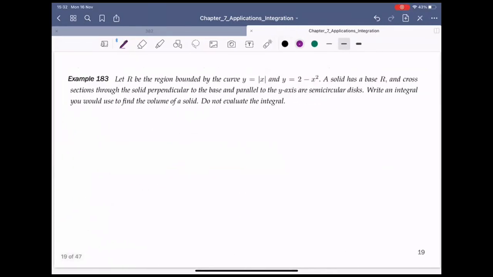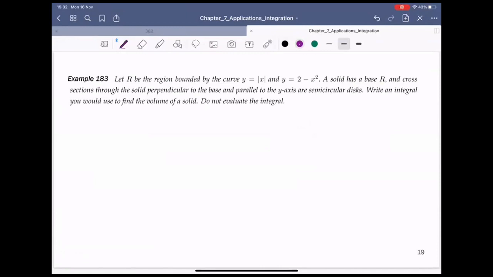Example 183. Let R be the region bounded by the curve y equals square root of x, absolute x, and y equals 2 minus x squared. A solid has base R. The cross section parallel to the y-axis is a semicircular disc, right?